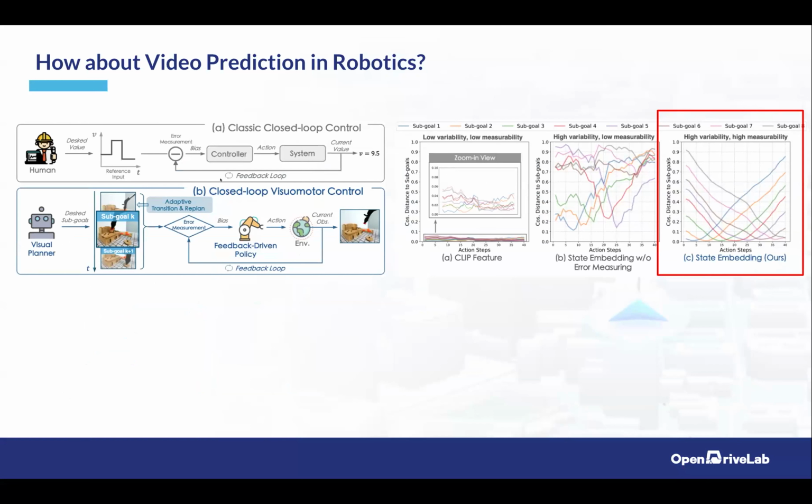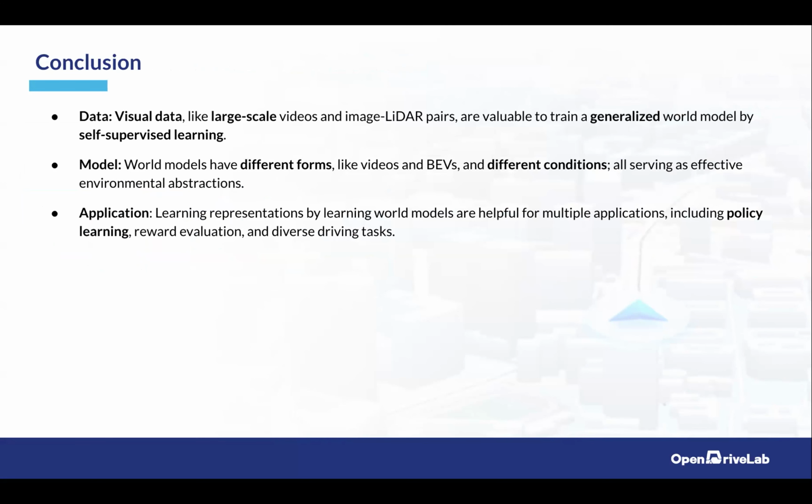In this work, we learn from traditional closed-loop control pipelines, and we find that based on our error measurement learning, our latents can get very high-quality representations corresponding to these cycles, and we can use these good patterns to determine our replan and transition stages. So these are our findings from video prediction for robotics, and here is the final conclusion.